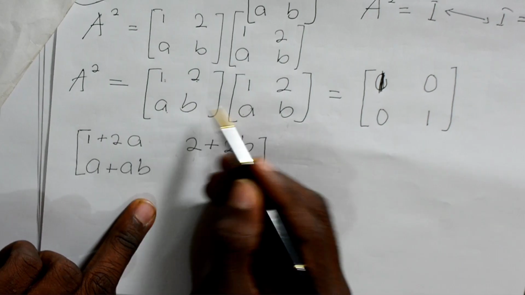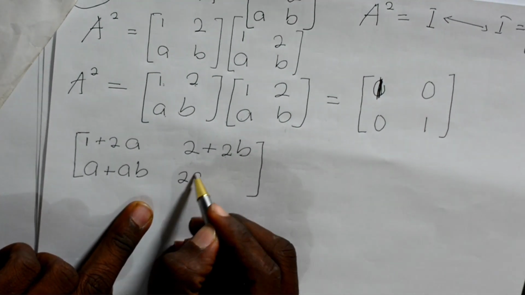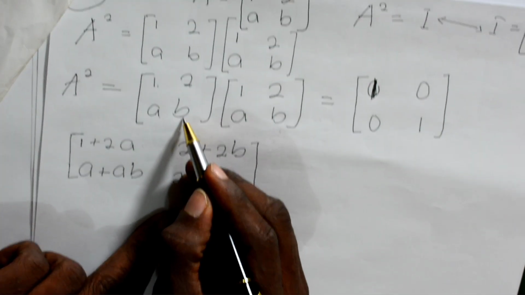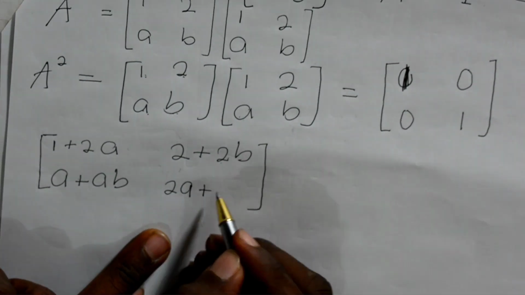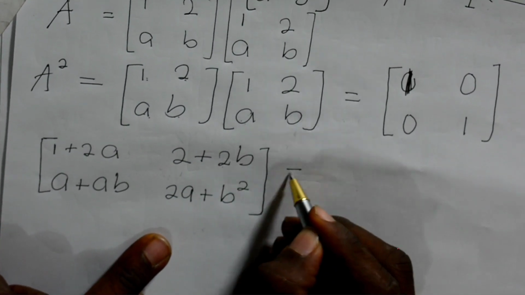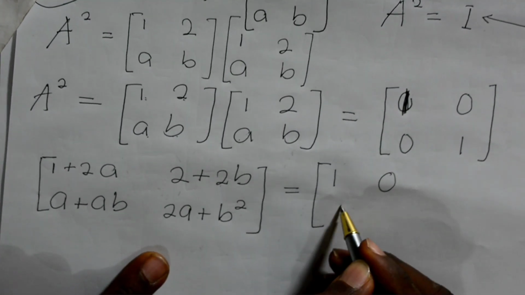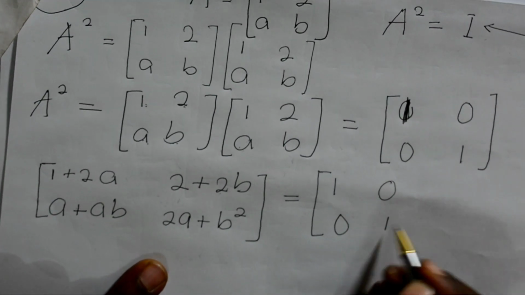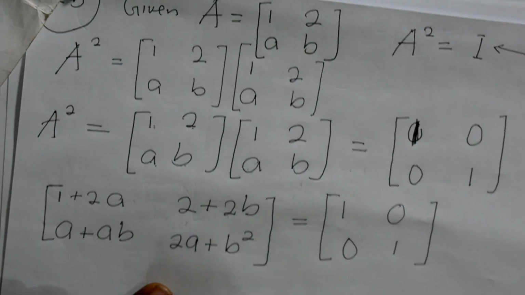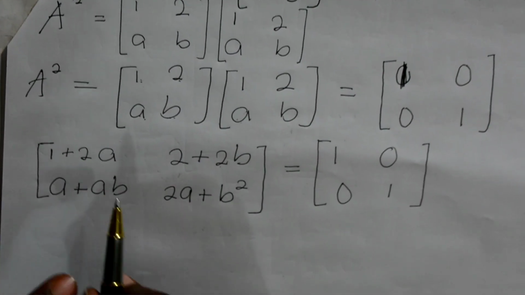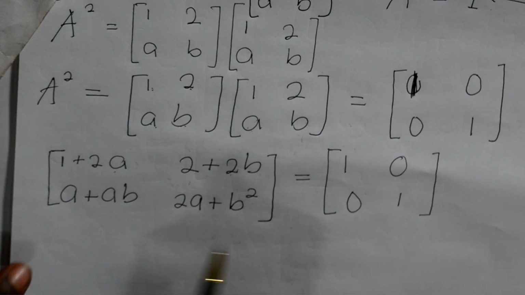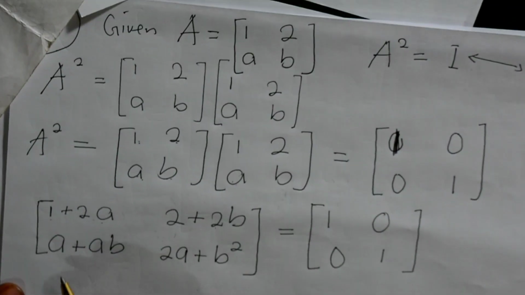Then a times 2, 2a, plus b times b, which gives b squared, which is equal to the identity matrix, 1, 0, 0, and 1.